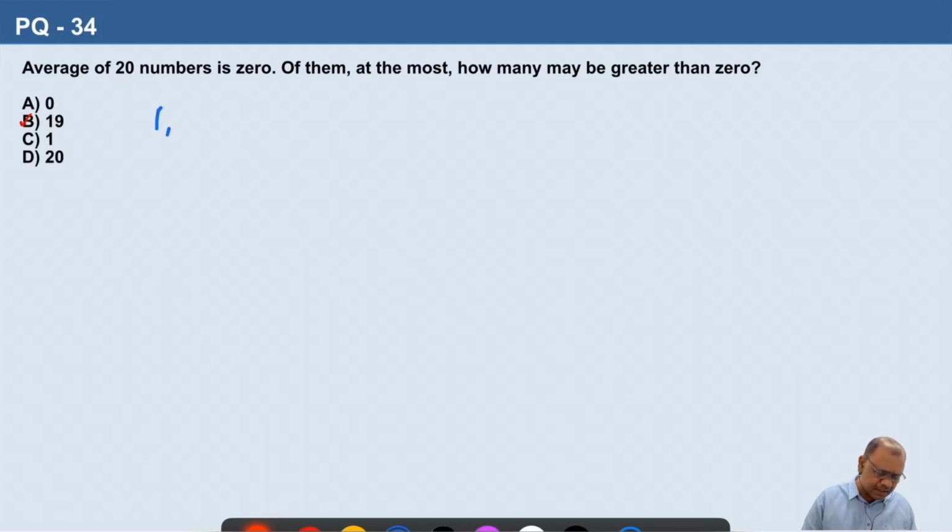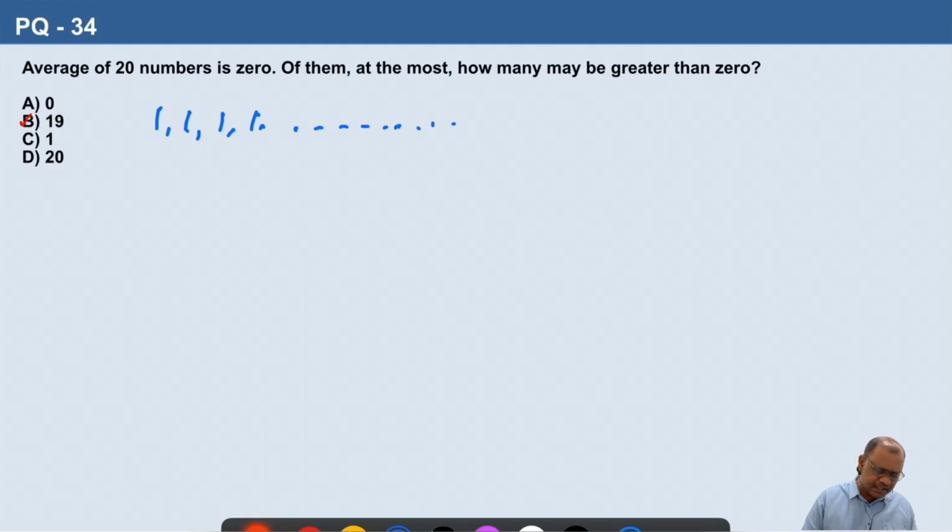So we should take all the numbers as ones. How many ones should we take such that the average is 0? The average must be 0, that means the sum of all these numbers must be 0.